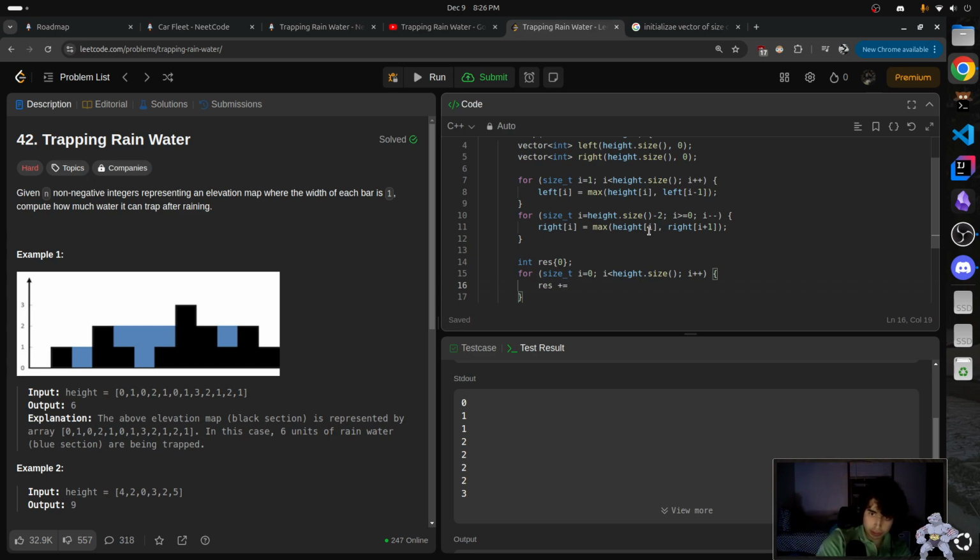Res plus equals the min of left at spot I, right at spot I, minus height at spot L. And I can only do this if this is above 1.